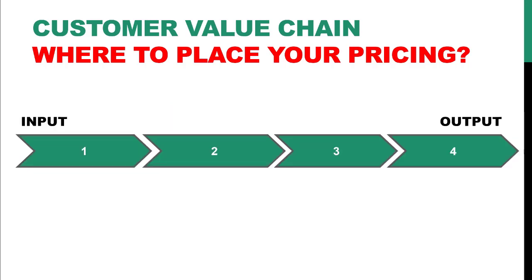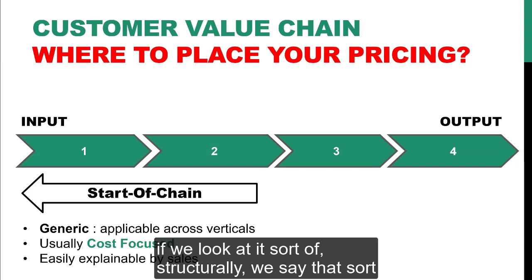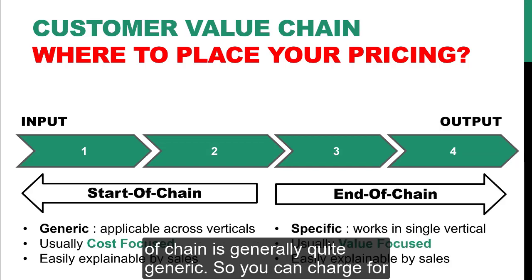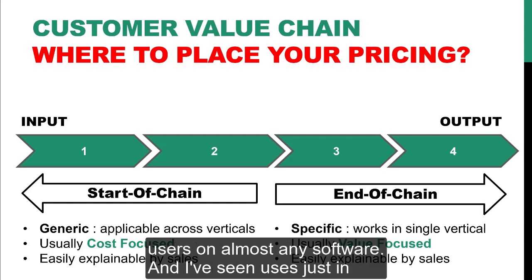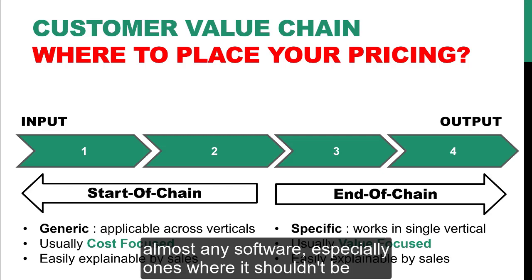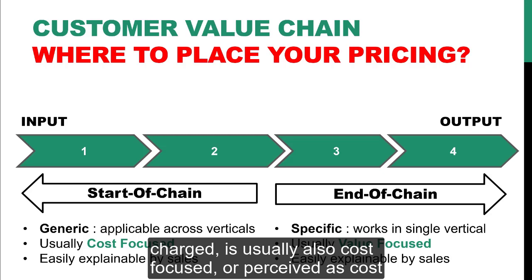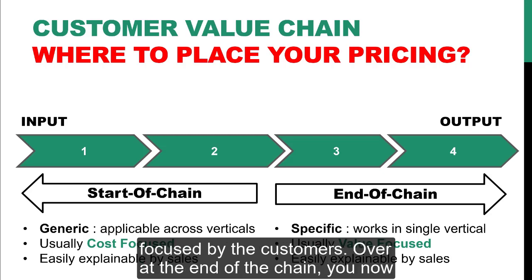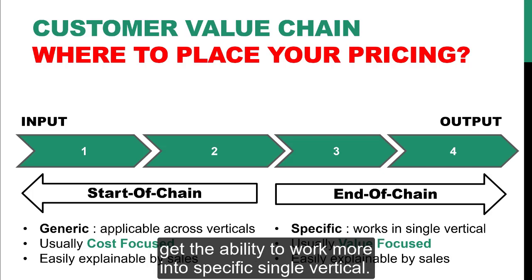So if we look at it structurally, we can say that the start of the chain is generally quite generic. You can charge for users on almost any software, and I've seen users charged on almost any software, especially ones where it shouldn't be charged. It's usually also cost-focused, or perceived as cost-focused by the customers. Over at the end of the chain, you now get the ability to work more into specific single verticals.